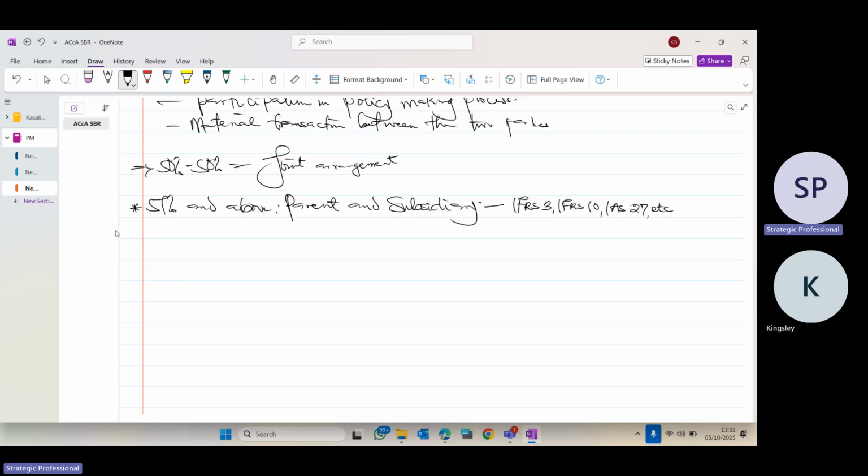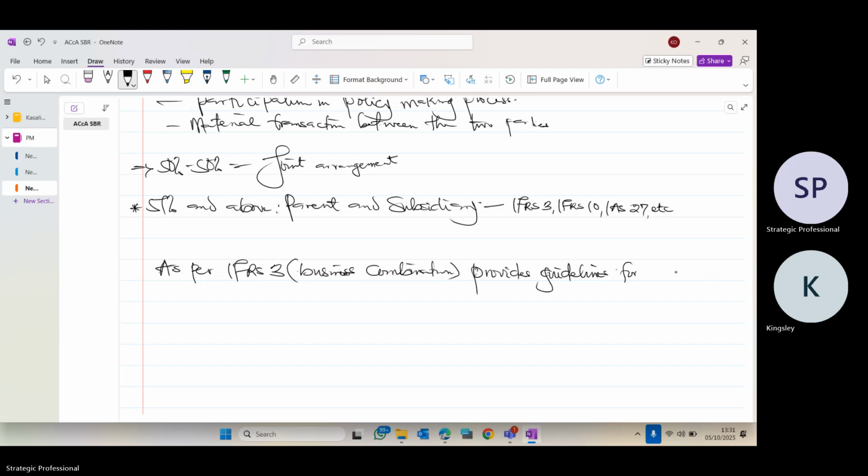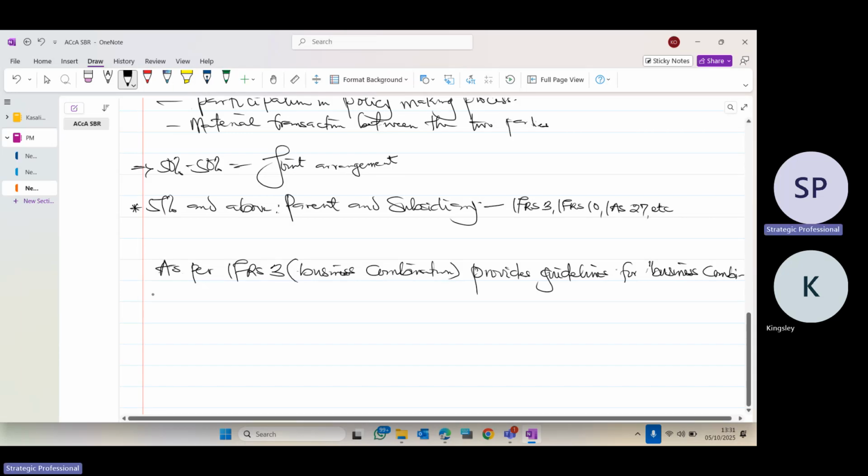According to IFRS 3, business combination, let's provide guidelines for business combination.